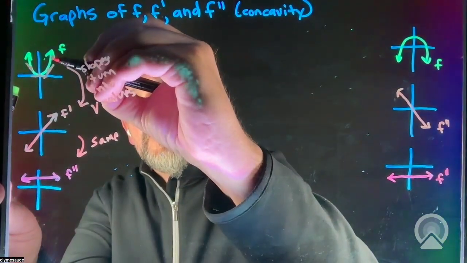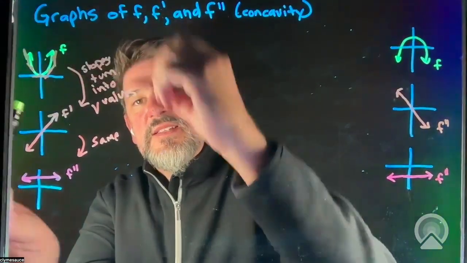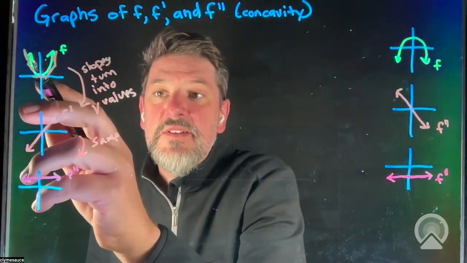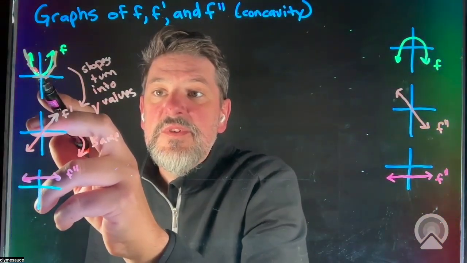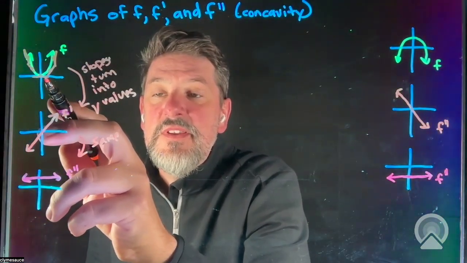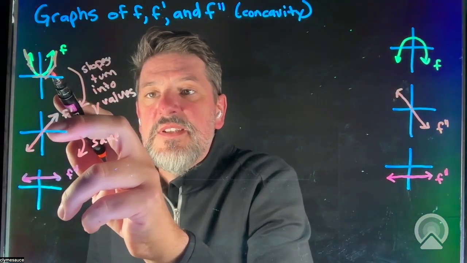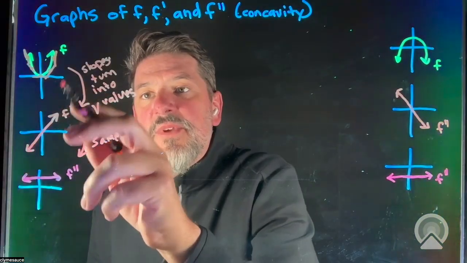So this one is going to be even steeper than that one is. This one is going to be steeper, but more negative. So more negative means smaller. So this slope is smaller than this slope, which is smaller than this slope, which is smaller than this slope, which is 0, which is smaller than this slope, which is positive, and bigger and steeper and bigger and steeper.